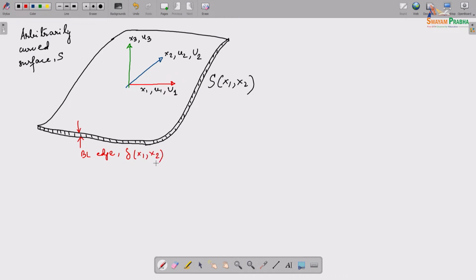So this is an orthogonal curvilinear coordinate system.